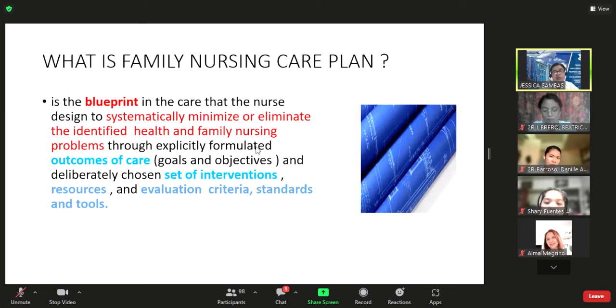If the majority of the patients have a problem pertaining to obesity, then we follow the standards in making comparisons, whether there is improvement or the situation of the family gets worse. So we utilize standards and tools to evaluate the outcome of the interventions that we have implemented. But basically, we always go back to our previously set goals whenever we evaluate our FNCP.